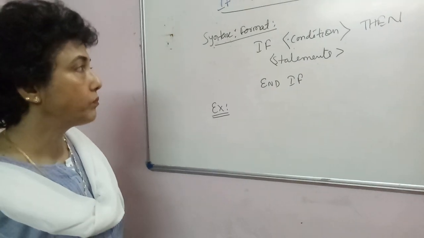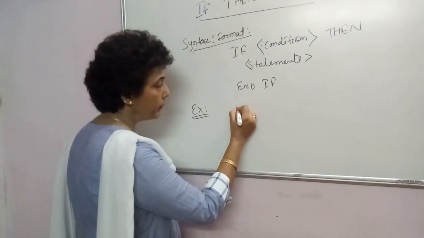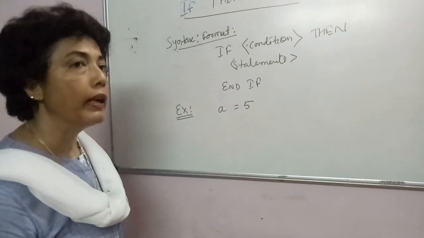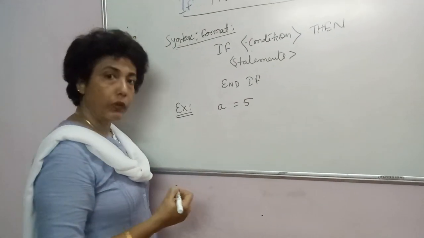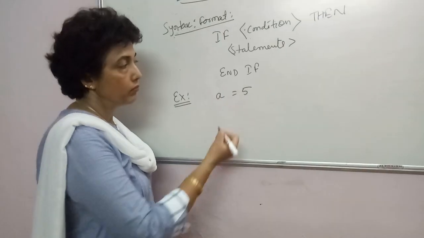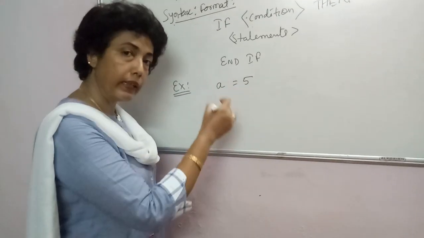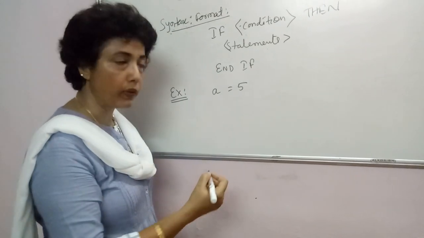Let us say I have a variable a that is storing the value 5, and I want to add another 5 to the existing value of a in case the value is 5.